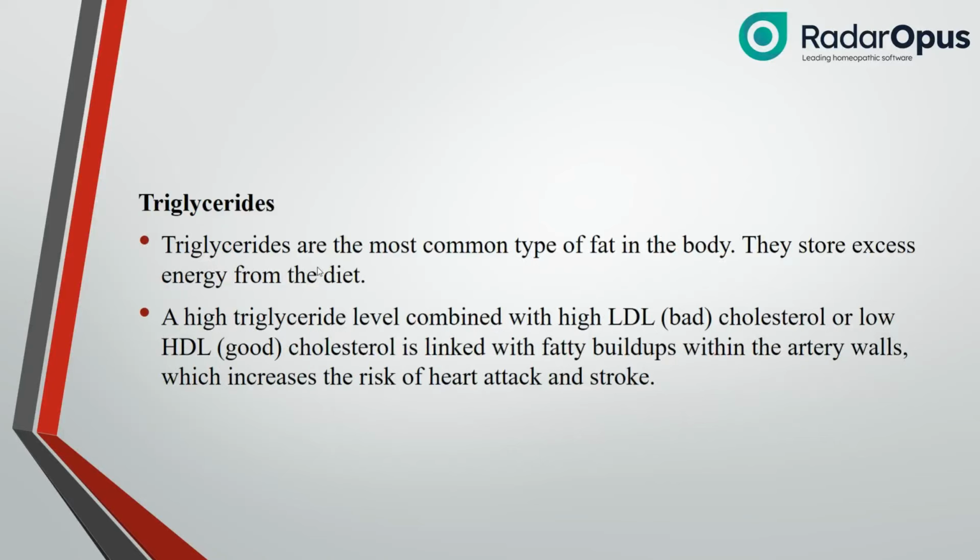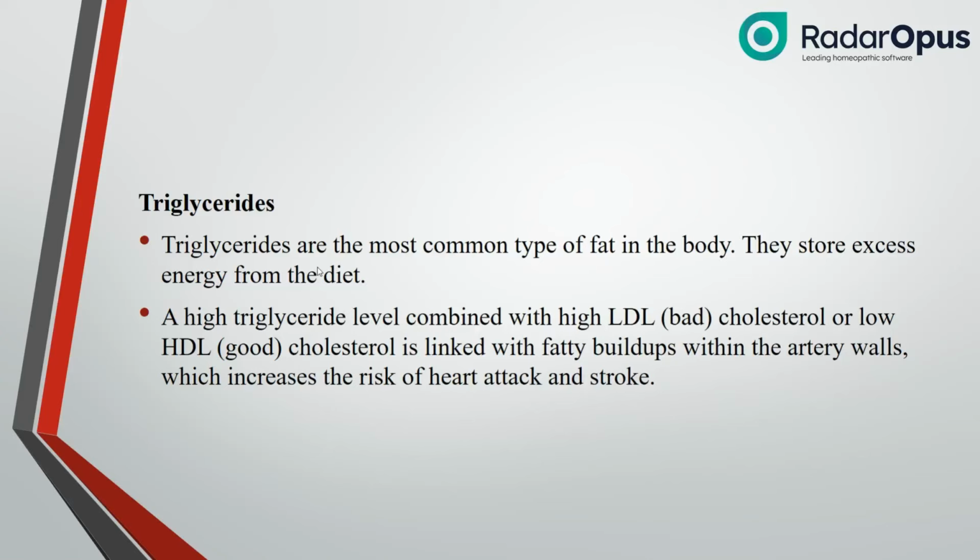But one more fatty substance which we find in our lipid profiles is triglycerides. Triglycerides are the most common type of fat in the body, and they store excess energy from the diet.